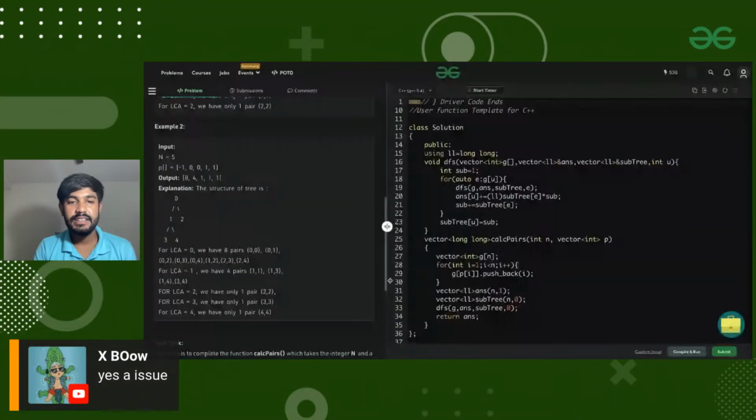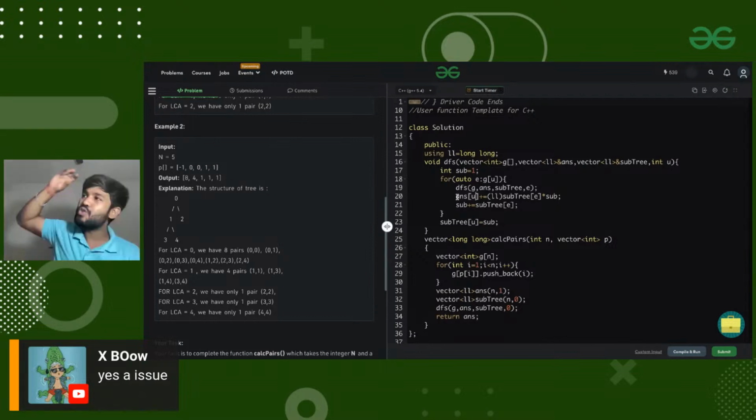Just quickly tell me, Exbo, how are you handling the case that a node with itself makes a pair? I'm handling it by this. See this. Here, if you observe, I'm initializing the answer with the value as 1. And here I am adding. That 1 is already there in the answer.